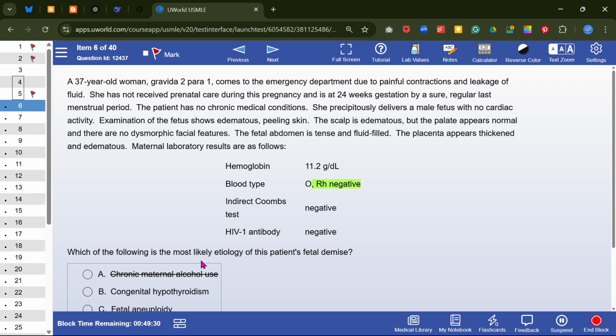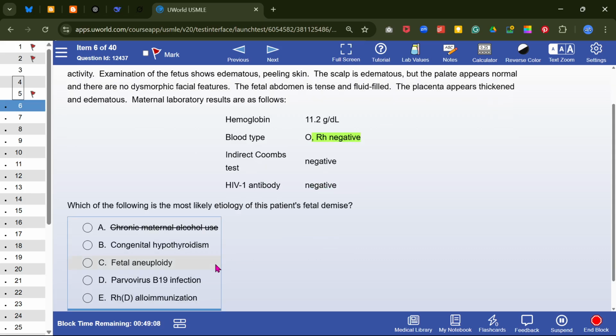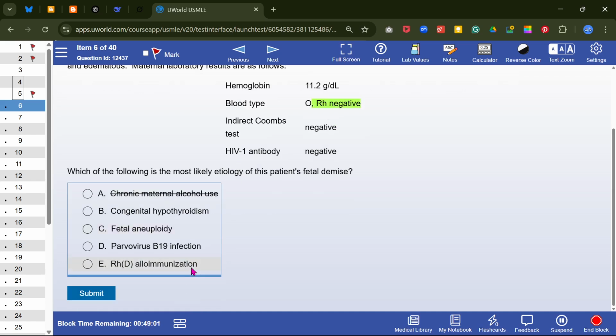Isn't it hydrops? Parvovirus B19 can cause hydrops, isn't it?